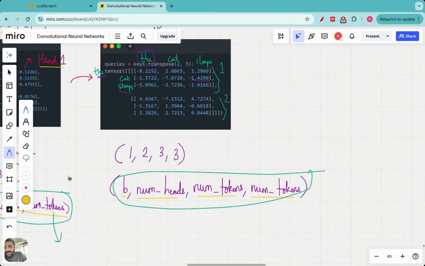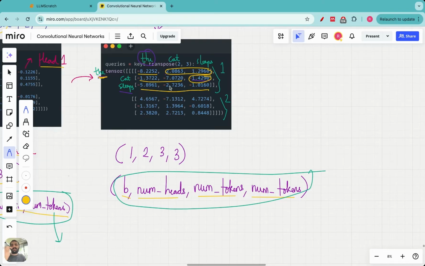So what the causal attention mechanism dictates is that when you look at the first word, which is the, only the attention score between the and what comes before it should survive. So all of this should go to zero. If you look at cat, only the attention scores of the words which come before, so the and cat, should survive. This should go to zero. And when you look at sleeps, attention scores of all will survive because all the words come before it.